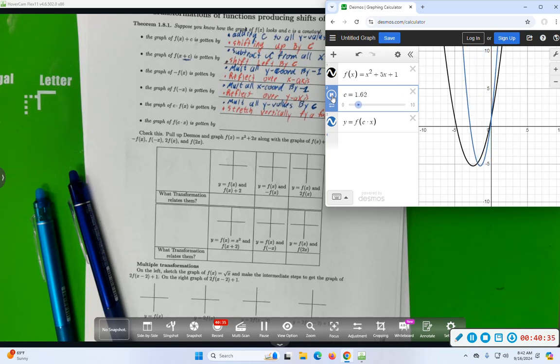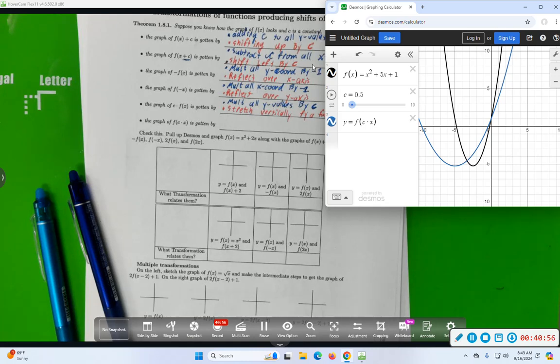Once that c is at 1, it doesn't do anything. When c's are less than 1, it's actually stretching. And I guess that makes sense. If I say I'm compressing by a factor of a half, then you have to like meditate on what that even means. But yeah, that should mean a stretch by a factor of 2.